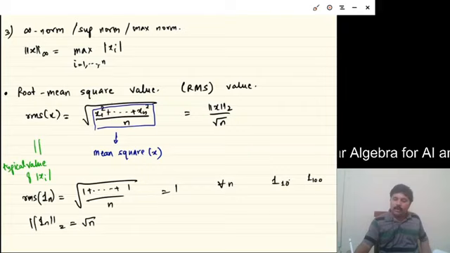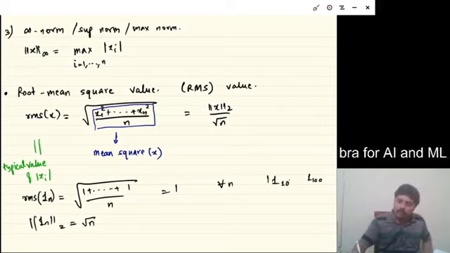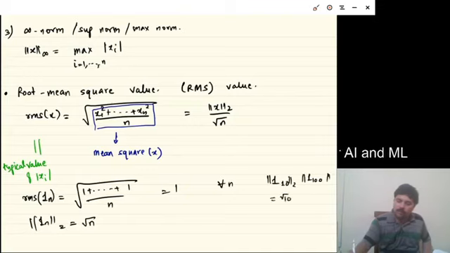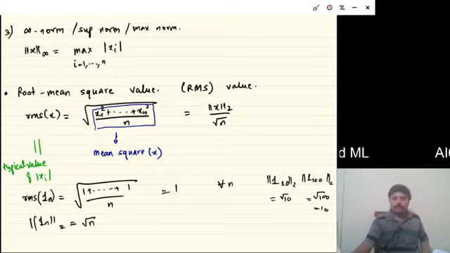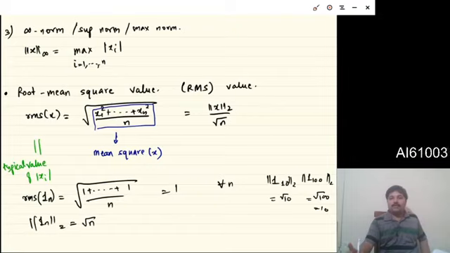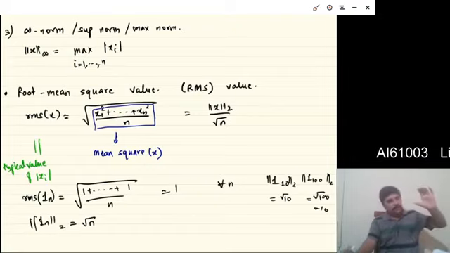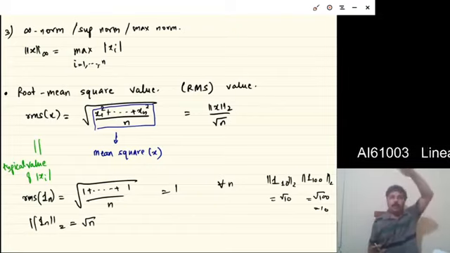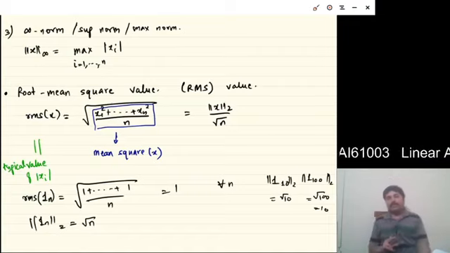But if you look at these two vectors, the 2 norm is square root of 10 here, and the 2 norm is square root of 100 here, which is equal to 10. But both these vectors have 1 as their RMS value. One vector is of length 10, another is of length 100, and the RMS value is still the same.